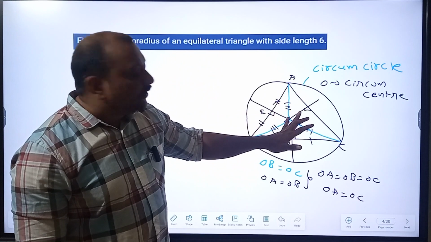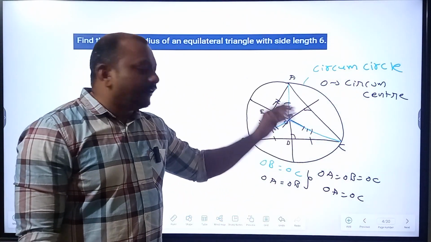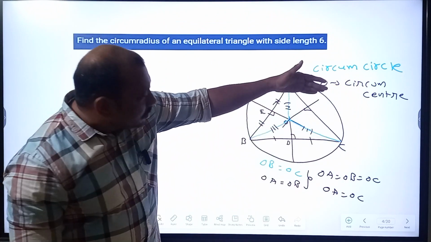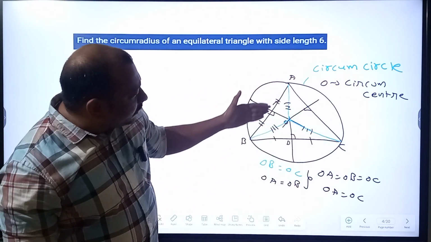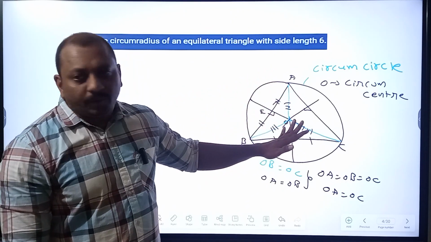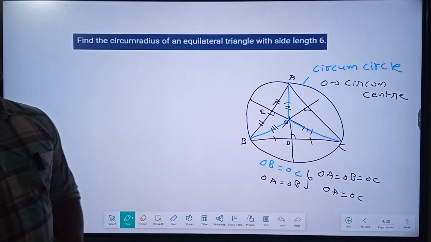If a point is equidistant from two points, then that point lies on the perpendicular bisector of AC. So the point of intersection of all these three perpendicular bisectors is O, and we can say the perpendicular bisectors of a triangle are concurrent.